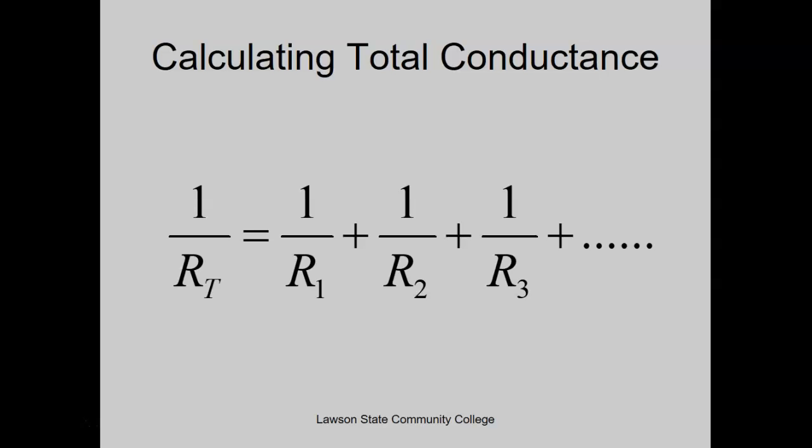So when calculating total conductance, we're dealing with the inverse, right? So what that means is you're adding those inverses. And I can actually hear y'all asking, why would we add the inverses? Because total resistance is less than your smallest resistor.